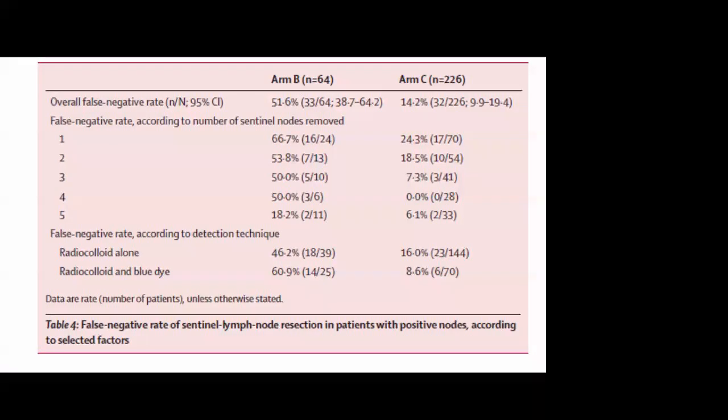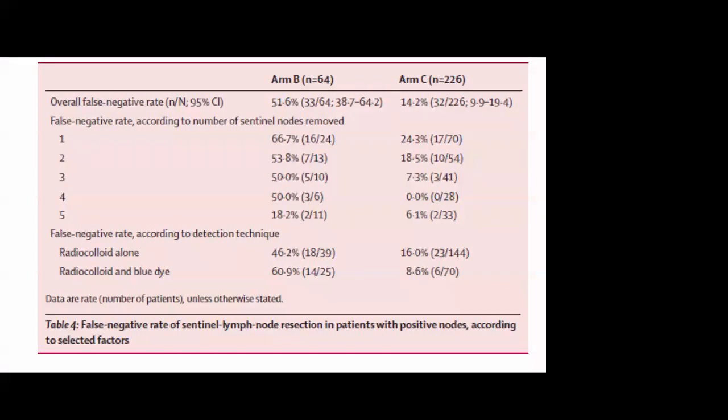Arm C was clinically node positive, given neoadjuvant chemotherapy, and after neoadjuvant chemotherapy, you did an SLNB where the clinically node positive got converted to clinically node negative. But the difference is that in arm B you had actually touched the axilla before giving neoadjuvant chemotherapy. That is, prior to neoadjuvant chemotherapy, you have done a sentinel lymph node biopsy, so you have changed the lymphatic channels.